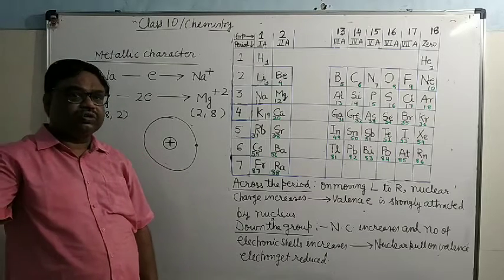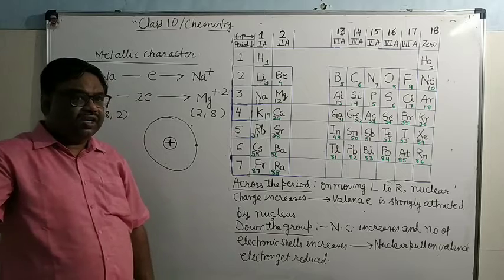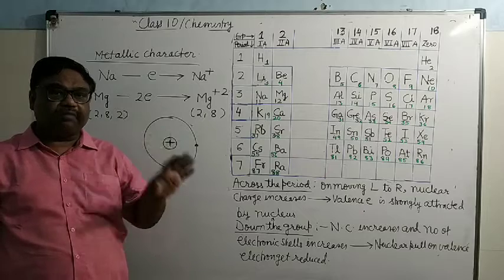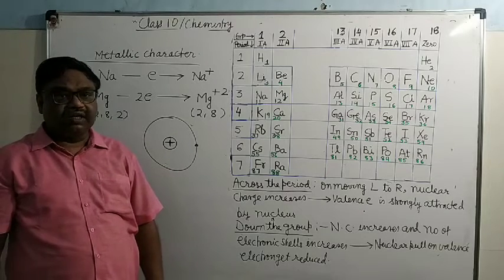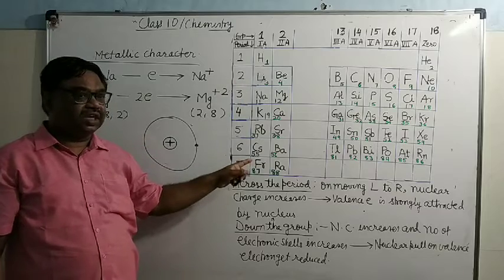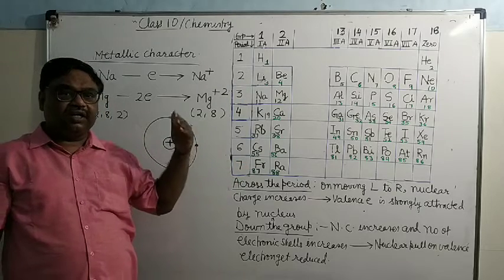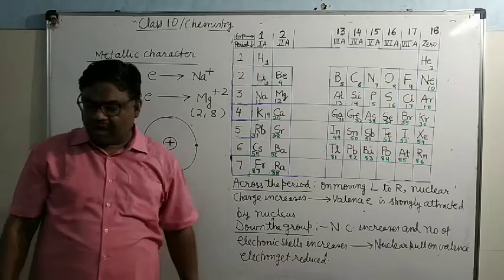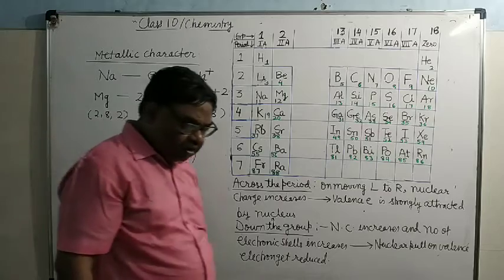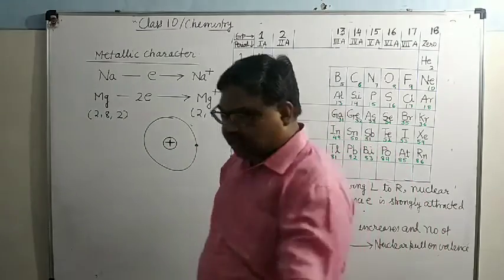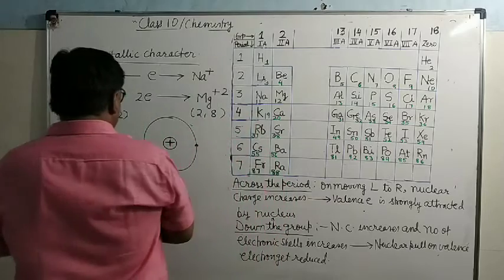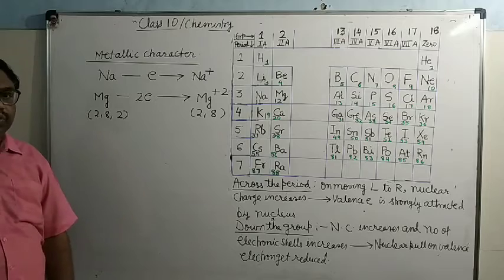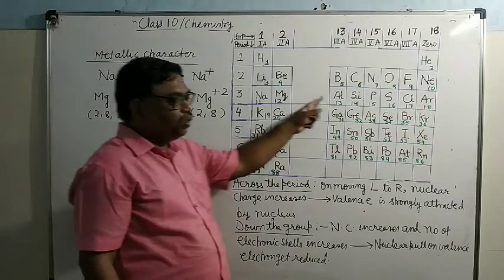Here, the addition of the new electronic shell is more dominant than the increasing nuclear charge. Therefore, ultimately, the nuclear pull on the valence electron will decrease when we move down the group. You have to remember these two things. When moving left to right in a period, nuclear pull is increasing.